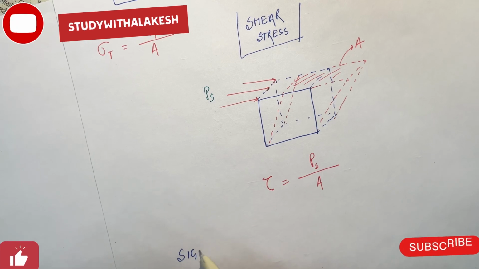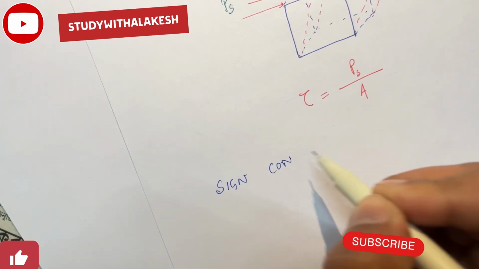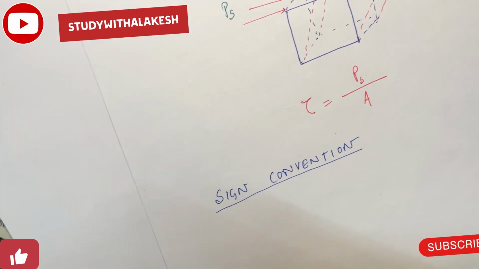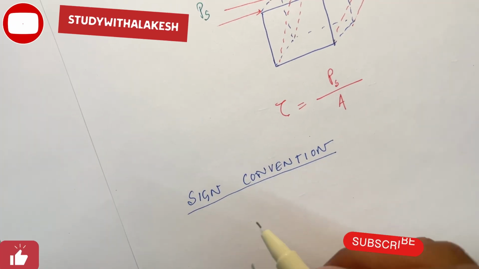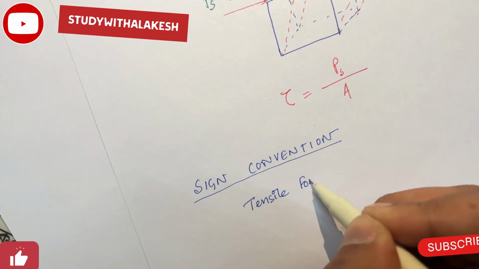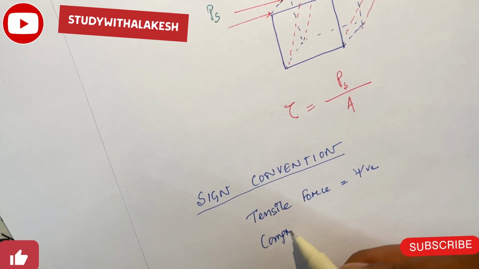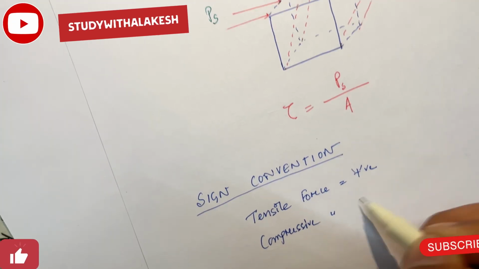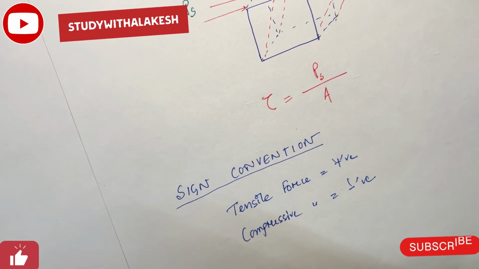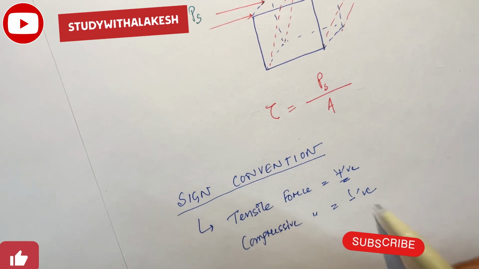Sign convention: basically we normally take tensile force as positive and compressive force as negative. Are you getting my point? Tensile force as positive and compressive force as negative.